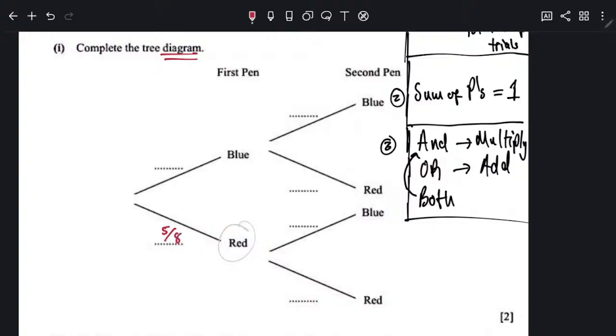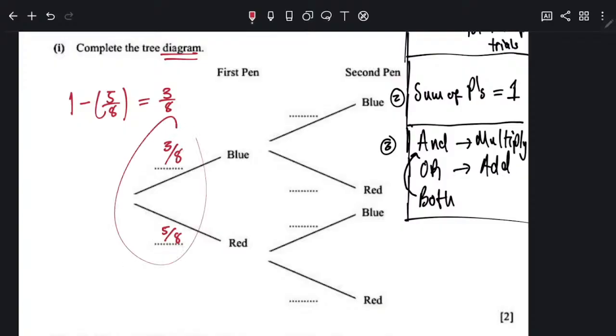Now, to get this one, you put in your calculator 1 minus open bracket 5/8 close. Your answer should be 3/8, which is automatically the one that comes here, because these two should add to give you 1. So since we are replacing, this 3/8 is coming here, and this 5/8 is coming here.